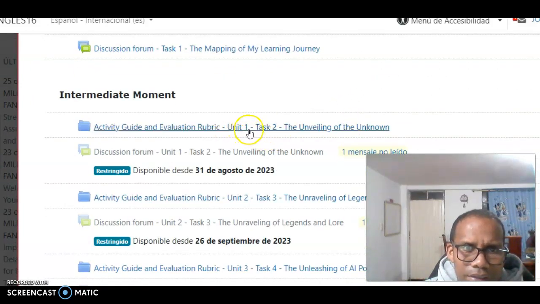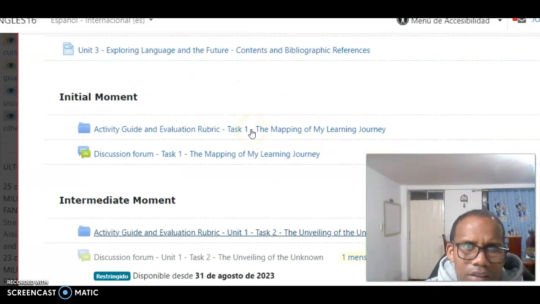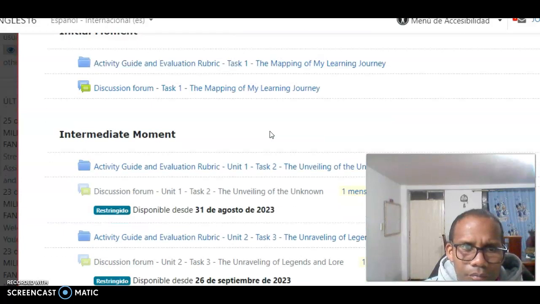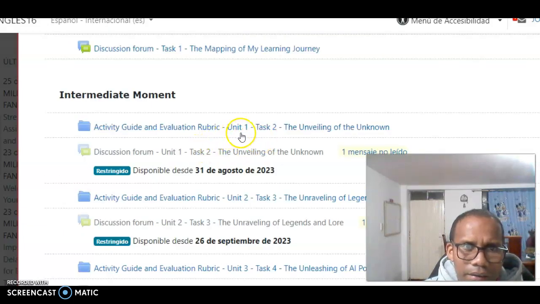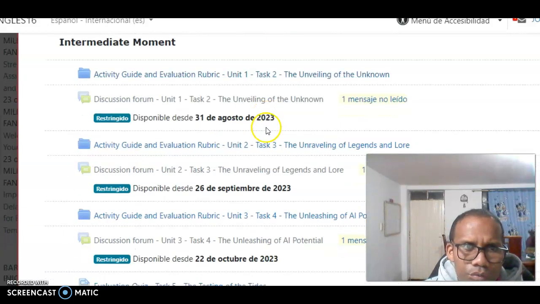This is activity guide and evaluation rule. Task 1. This is activity guide and evaluation rule. Task 2. This is activity guide evaluation rule. Unit 2. Task 3.